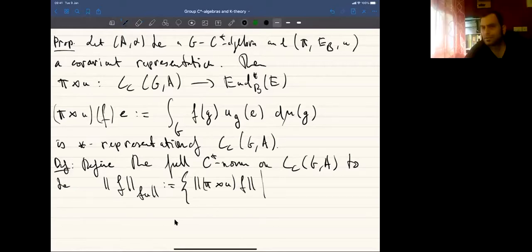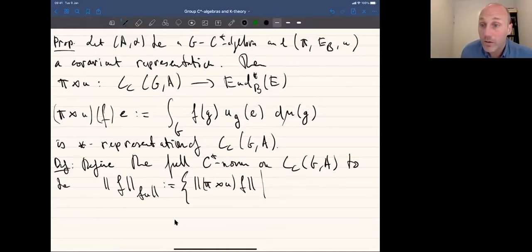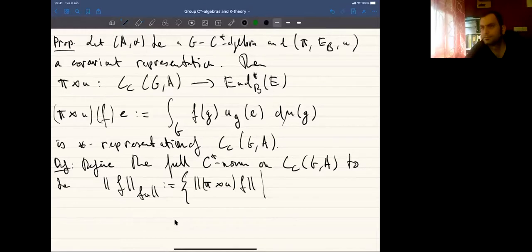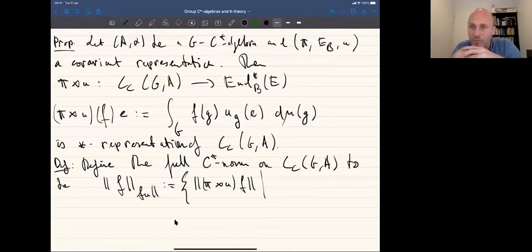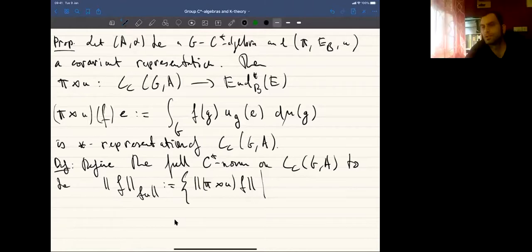Ron, can I ask you a silly question? Do you need A equal to B or something? No. So we're requiring B to have a trivial action. And for all it's worth right now, you could just think of B equal to the complex numbers. Okay, so f of g is an A, and how is that acting on E as a module?